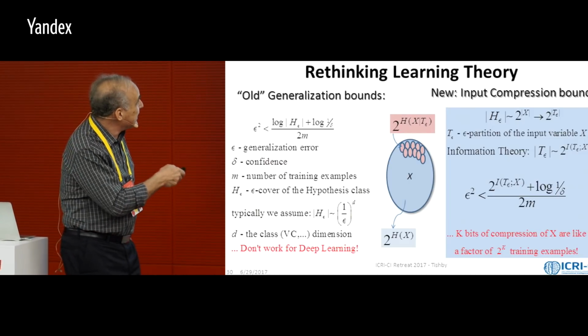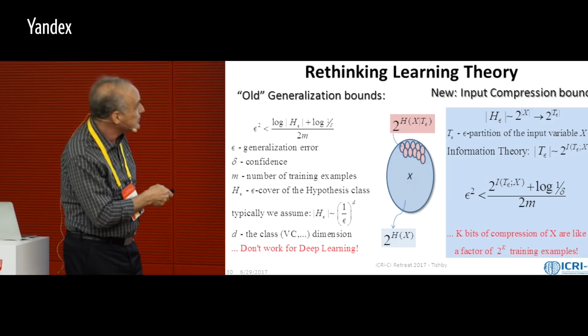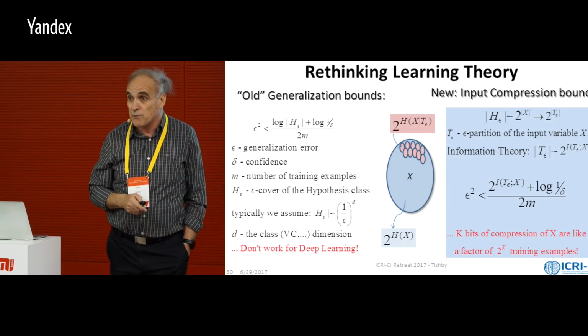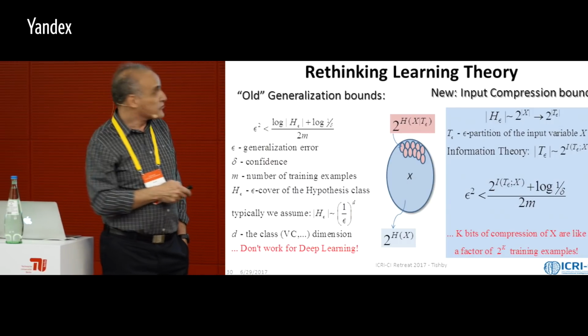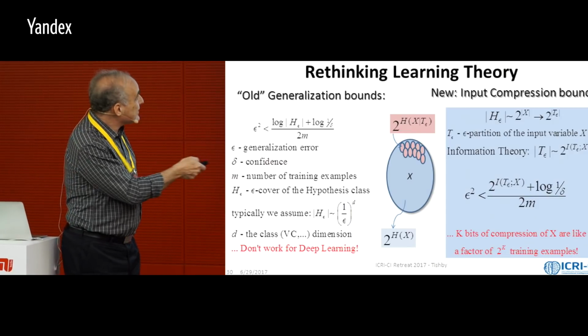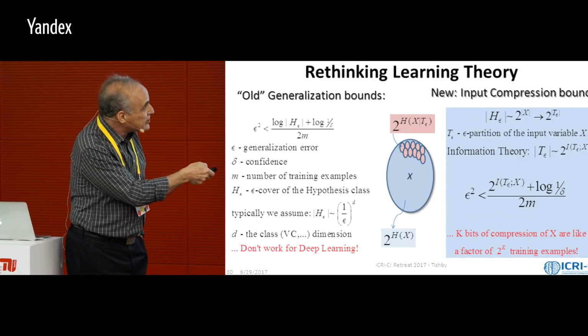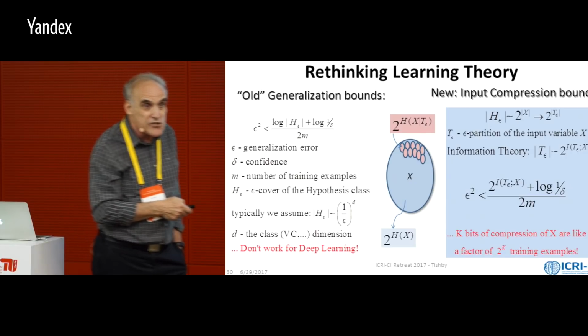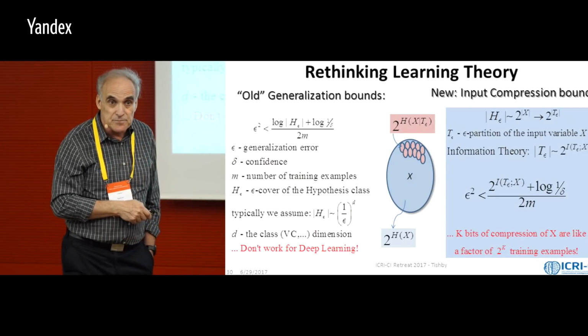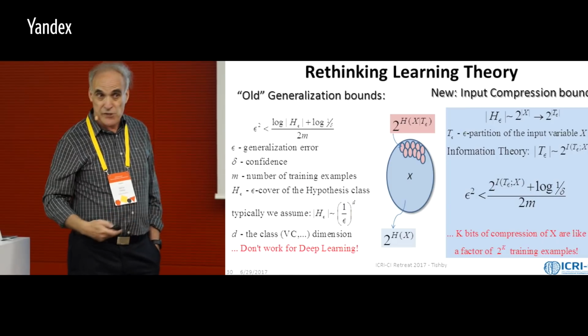Notice then that the size of the partition is simply the ratio of these 2 things, which is exactly 2 to the information between X and T. So the cardinality of the partition is exponential in the mutual information between X and the partition, which is exactly what I call the compression.